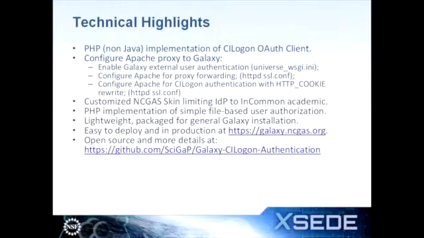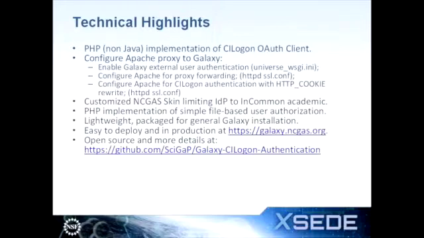As a recap of the technical highlights for the NCGAS Galaxy, we had a PHP implementation for the CILogon OAuth client, and we provide a set of configuration rules to both the Galaxy configuration file and Apache httpd.conf. Then we also worked with the CILogon group to have a customized NCGAS scheme so that when a user is directed to the NCGAS CILogon page, we are limited to only identity providers of InCommon academic institutions.